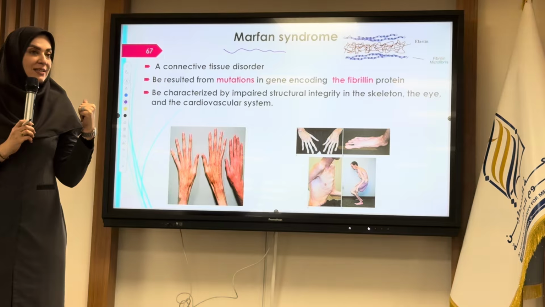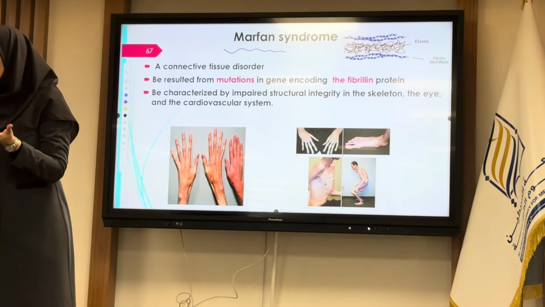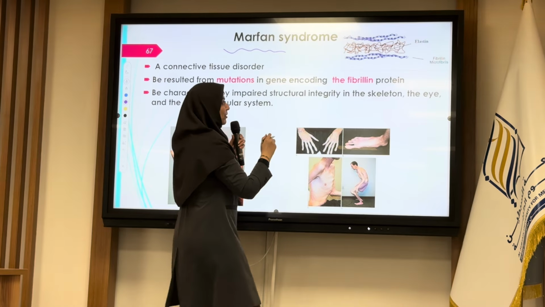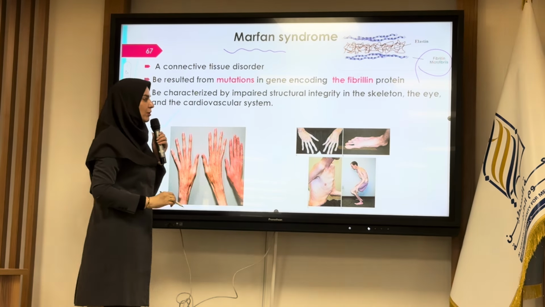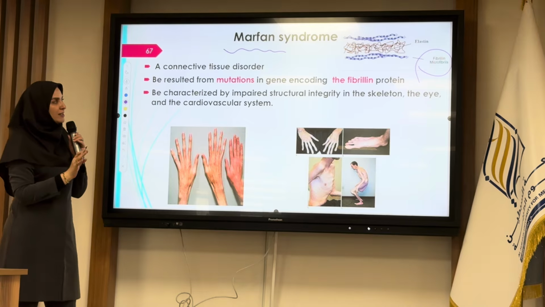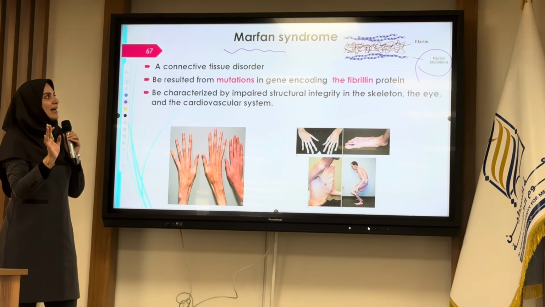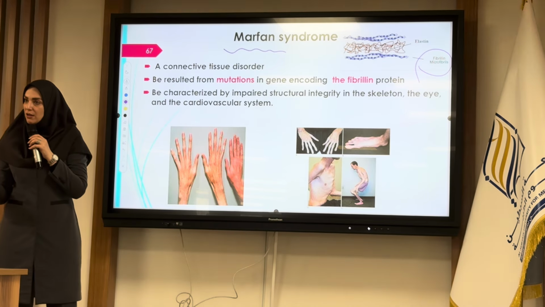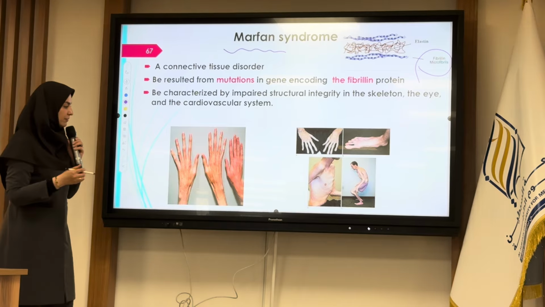You should know that in Marfan syndrome, elastin is normal, but the scaffold is abnormal. I mean, fibrillin is abnormal. About the details of this disorder, it's a mutation, there is no need to memorize. Just know that Marfan is a result of deficiency of fibrillin.